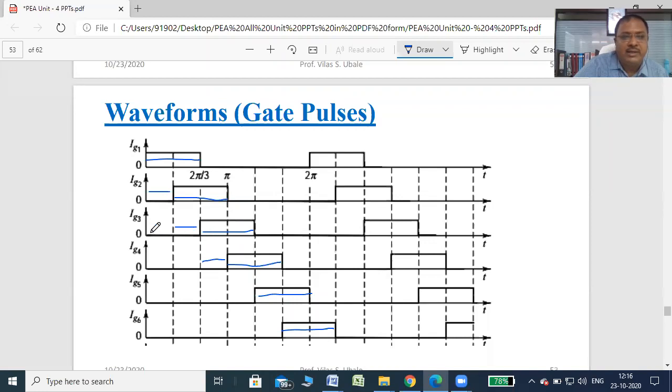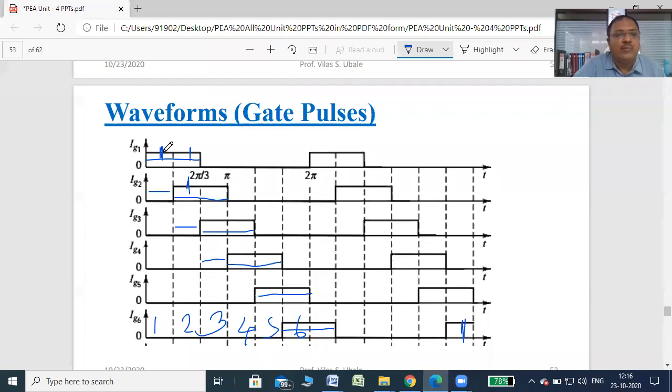Then gate 3 on after 60 and it remains for 120. So you can check here switch 1 is on with switch 6 at the first interval, then switch 1 and 2 on for the second interval. This is one interval, second interval, third interval, fourth interval, fifth interval, sixth interval.